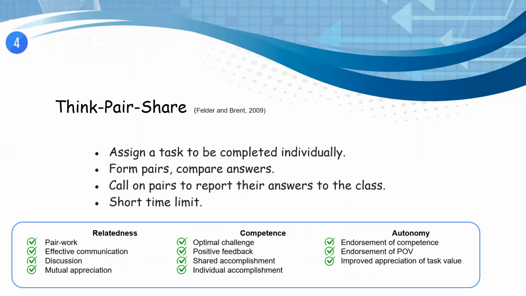And when you do call on pairs to report back, don't do so in a predictable order. Do so in an unpredictable order, so that there's a sense of accountability among the students, a sense that they could be asked to report their findings back.